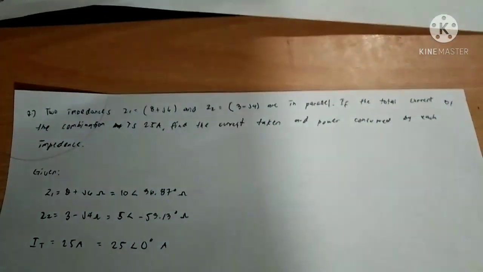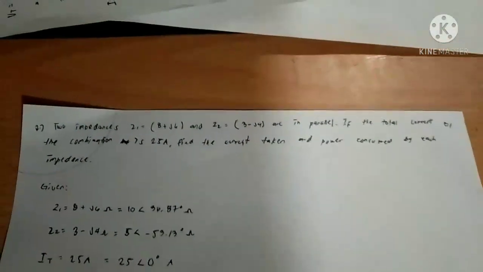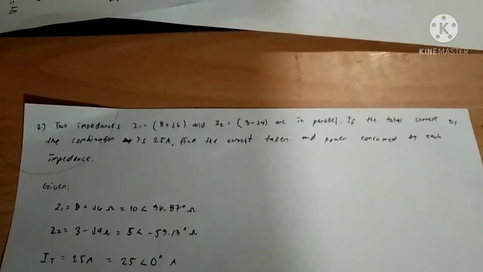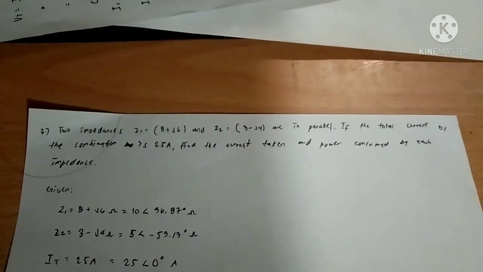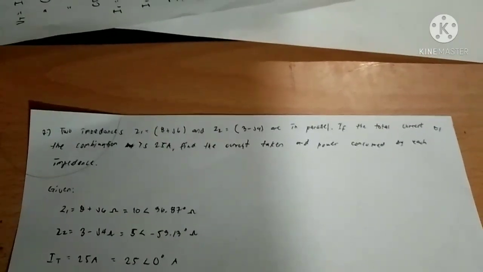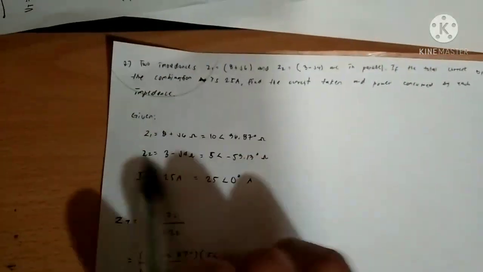So this is number 2 of the activity. This is the question. Two impedances, Z1 equivalent to 8 plus J6 and Z2 equivalent to 3 minus J4, are in parallel. If the total current of the combination is 25 amperes, find the current taken and the power consumed by each impedance. Just like number 1, we have to convert to vector form.